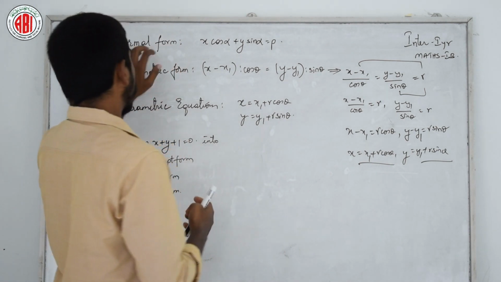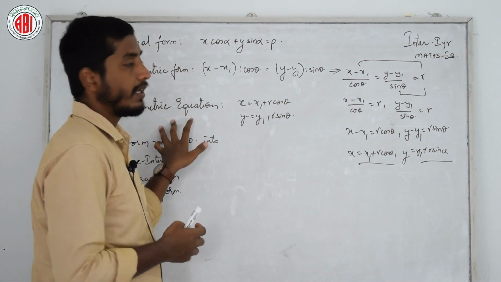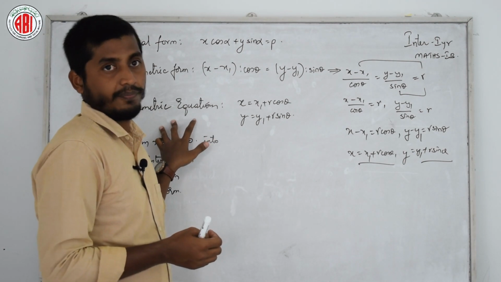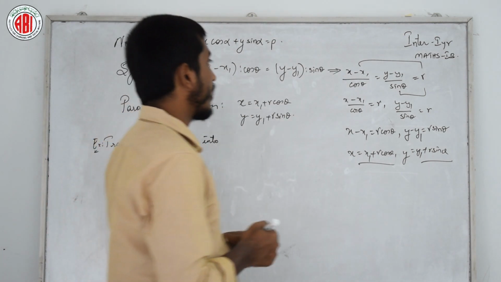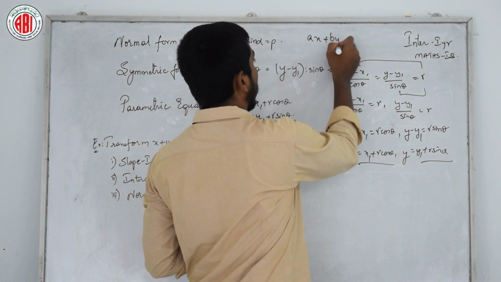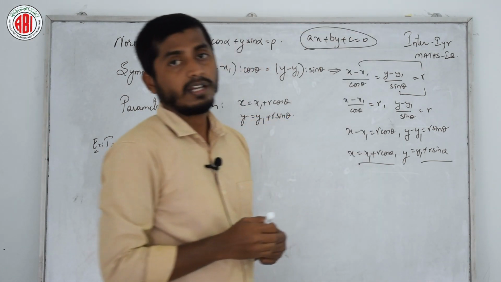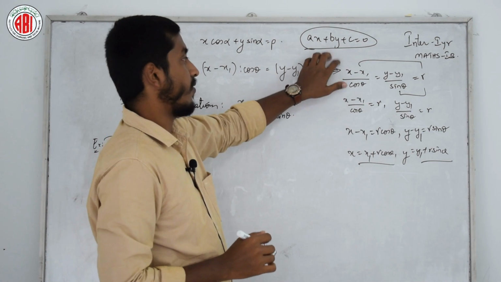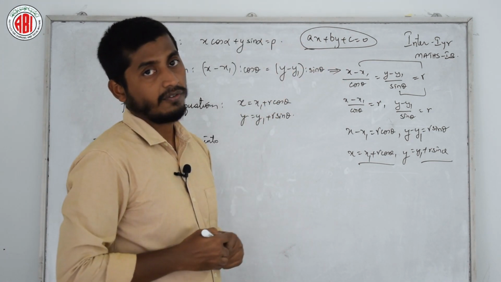Today we have discussed three different forms, that is normal form, symmetric form and the parametric equations. And you also know that the general equation of any straight line is always in the form of ax plus by plus c equal to 0. Whatever it is, this is the general form. From that only we are going to derive all the different forms.